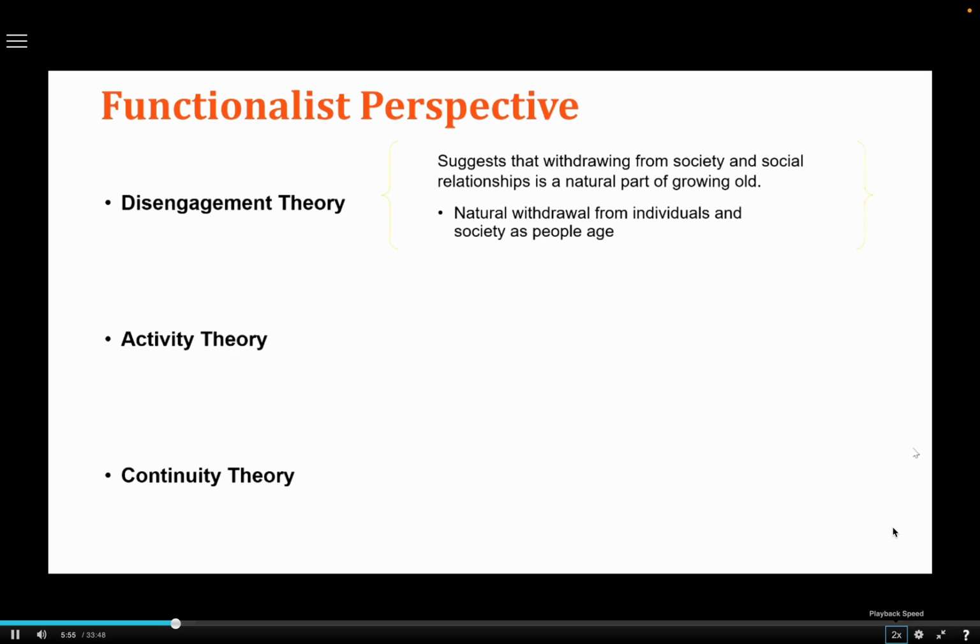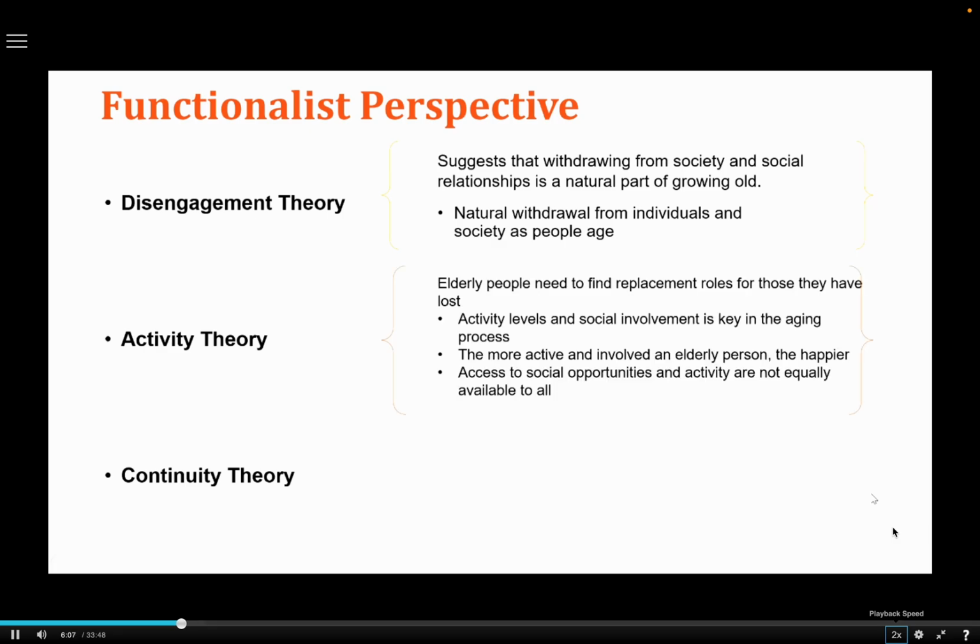theory talks about how, the more individuals are resourceful and able and active to get new roles or find new ways to live, the happier they will be during their life. Although these are functionalists, in activity theory, the concern that activities and opportunities for people to take so that they don't withdraw are not available to everyone equally has been addressed. Activity theory is also talking about the distinction between why some individuals may experience aging differently, because they're saying the more active and involved an elderly person is, the happier he or she will be.